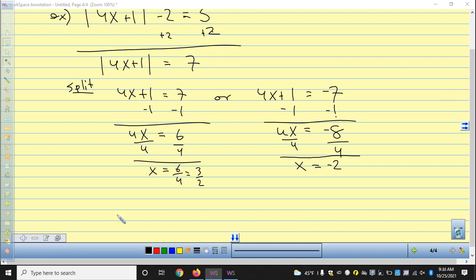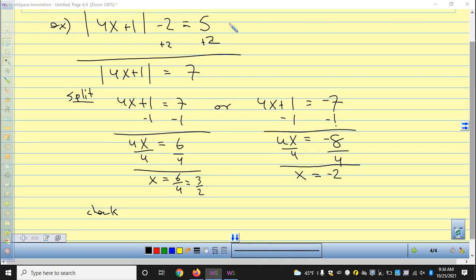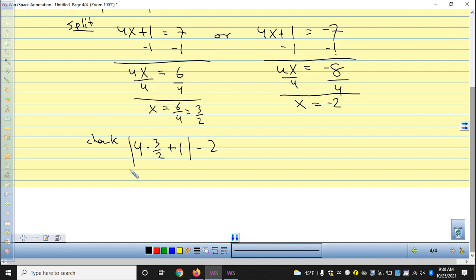And I can check my answers. I'm going to plug them into the original equation. The absolute value of 4 times 3 halves plus 1, minus 2. Well, I can think of 4 times 3 halves as 4 over 1 times 3 over 2.